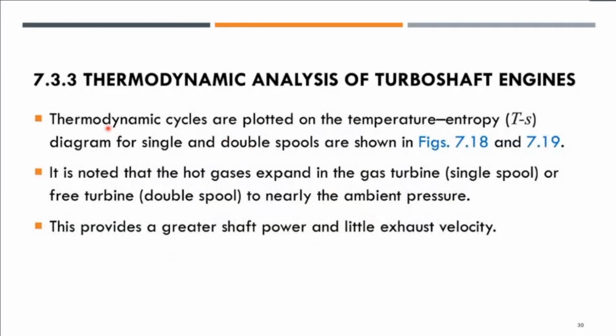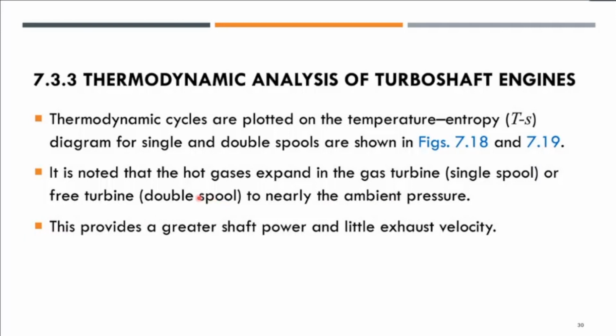Now we want to look into the thermodynamic cycles. We will also look into the temperature entropy diagram for both the single and double spool types of engine, shown in figures 7.18 and 7.19. It is noted that the hot gases expand in the gas turbine, which is the single spool, or a free turbine double spool, to nearly the ambient pressure.